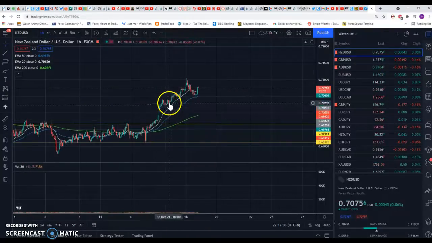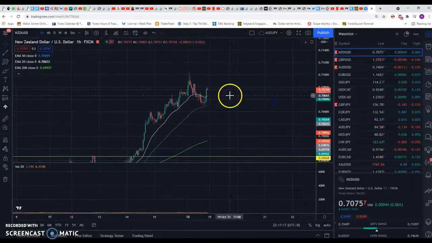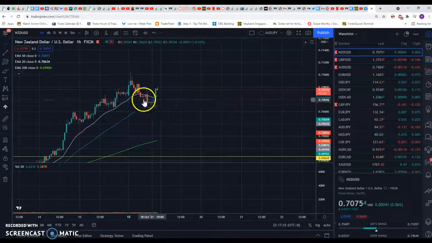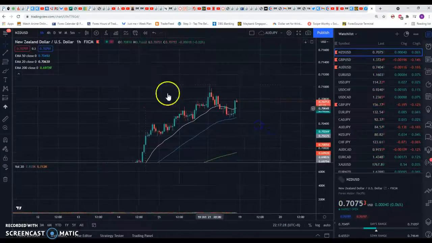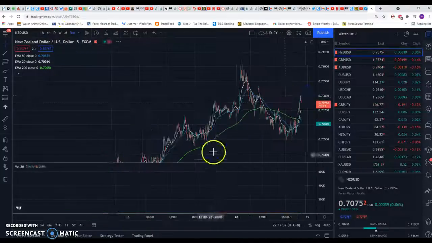Nothing about it, it's still a leg 1, so you can expect kind of a leg 2. But the thing is, it fails, comes back down, come to the New York session. During the New York session, you can see it's an uptrend.